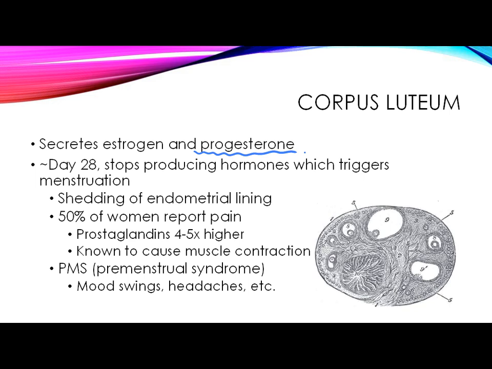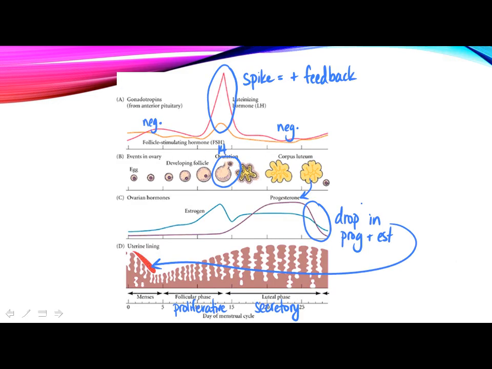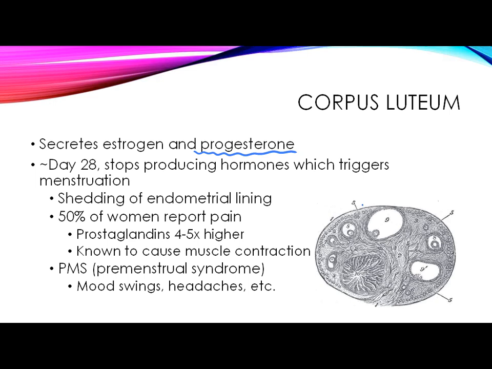And once the corpus luteum stops making the progesterone and estrogen, so right here, corpus luteum gives up the ghost, right? Says, no, we're done. It stops making the progesterone, the estrogen, and that causes menstruation, right? Menses, bleeding. So that's just getting rid of the endometrium lining in the uterus and starting from scratch.